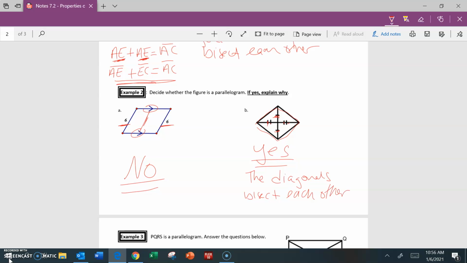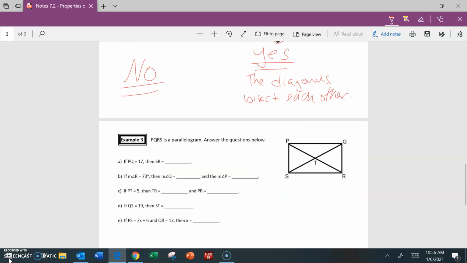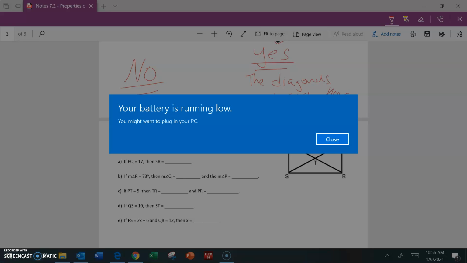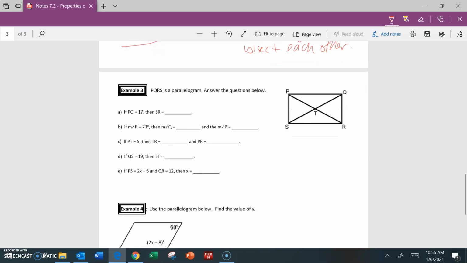And that's just using one of the properties from our front page as a reason. Okay? All right, let's move on. And once again, I highly suggest that you maybe try these. If we were in class face-to-face, we'd say, hey, let's do these examples together, or try them on your own first, then we'll come back and check them. All right, so you might want to pause the video again.